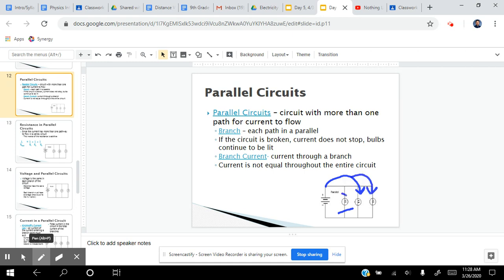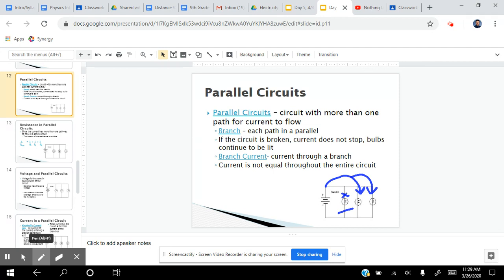It's just not going to flow through this first branch. Okay, so that's the advantage of a parallel circuit, that electricity can still flow through all of the other branches. And this is exactly how we wire our houses, for the reason I was telling you earlier, that if one bulb goes out, then not every single thing in your house is going to go out.